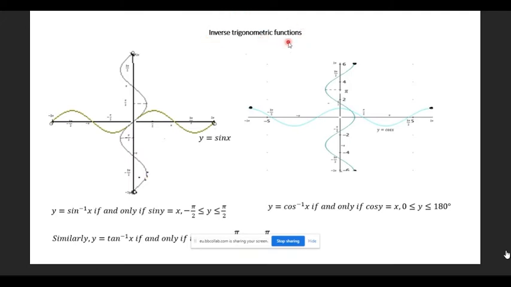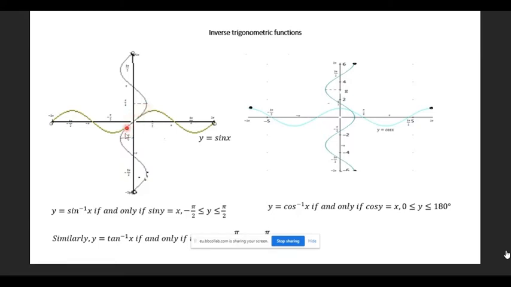Inverse trigonometric functions. If you focus on this graph of the inverse from minus pi over 2 to pi over 2, you realize that over that interval it is going to be a function, because if you were to draw a vertical line, it will always cut that part of the graph at only one point.